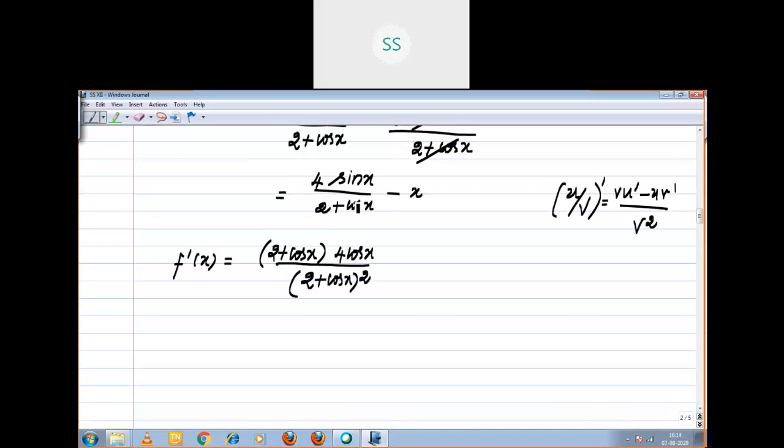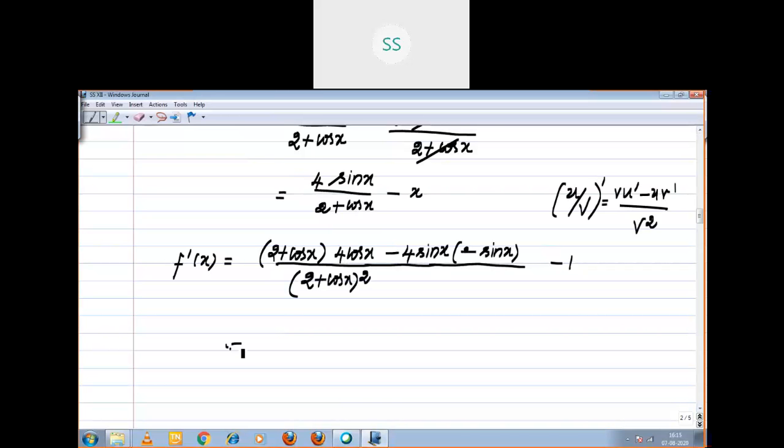When you differentiate sin x, you will get cos x. That means v u dash is over, next minus u v dash, right? What is your u? 4 sin x is your u, into 2 is constant. When you differentiate cos x, you get minus sin x. When you differentiate x, you will get 1.